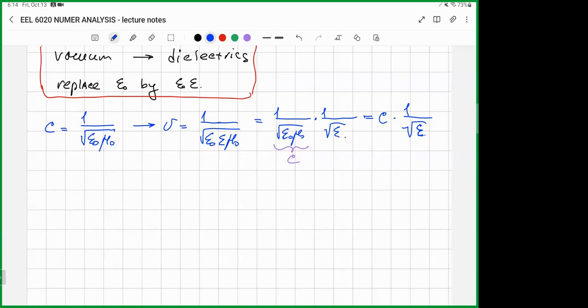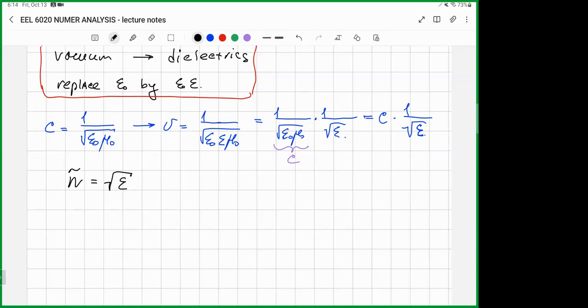And for this reason, we gave a name to this square root of epsilon, and we denoted it by n with this wavy tilde, which is equal to square root of epsilon.